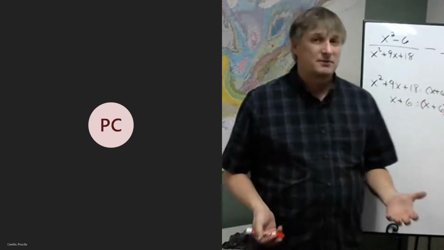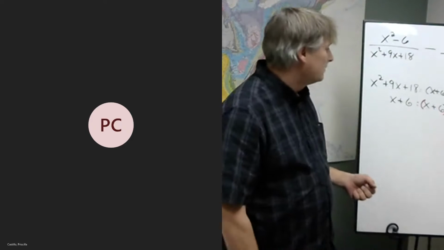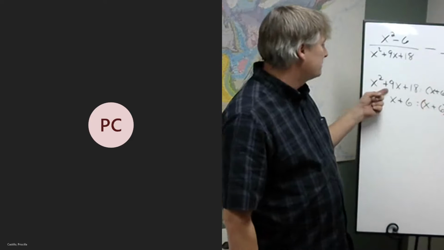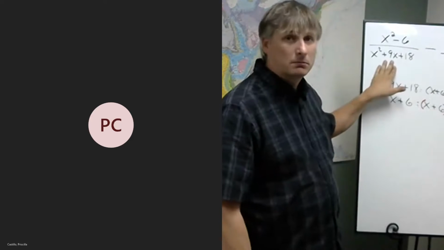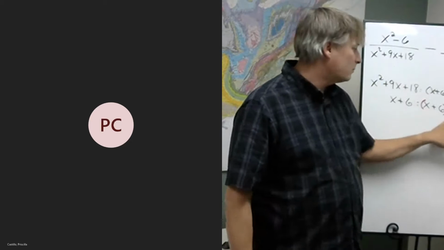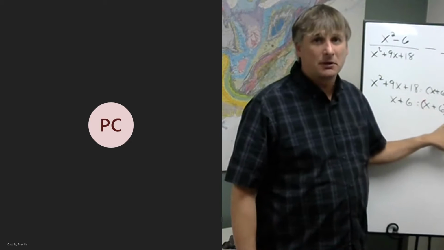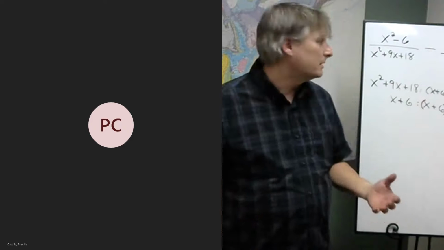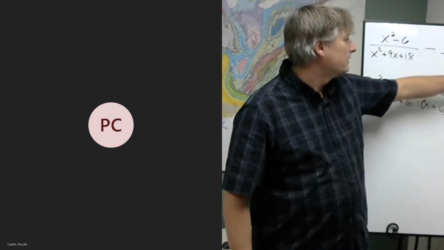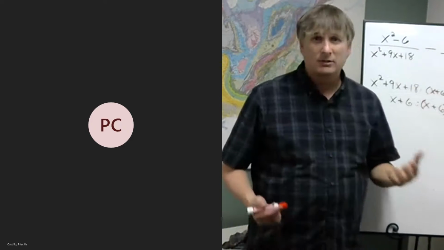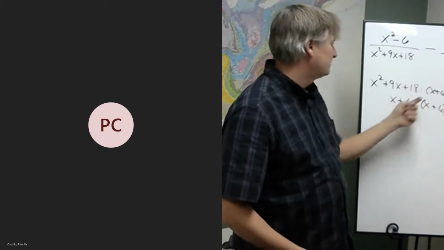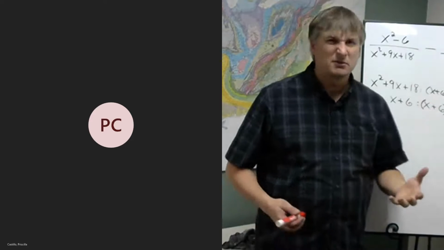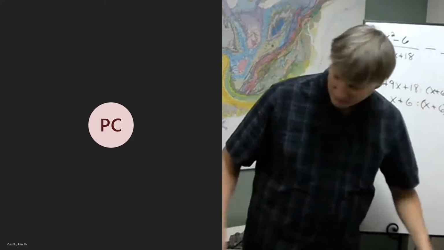So now the factorizations are the same. So this first one, we didn't have to change anything. So we're going to leave this one alone. But the second one, we had to multiply by x plus 3. So what that's going to mean, we're going to multiply bottom and top by x plus 3. And also, I'm going to factor this into the x plus 3 times x plus 6.